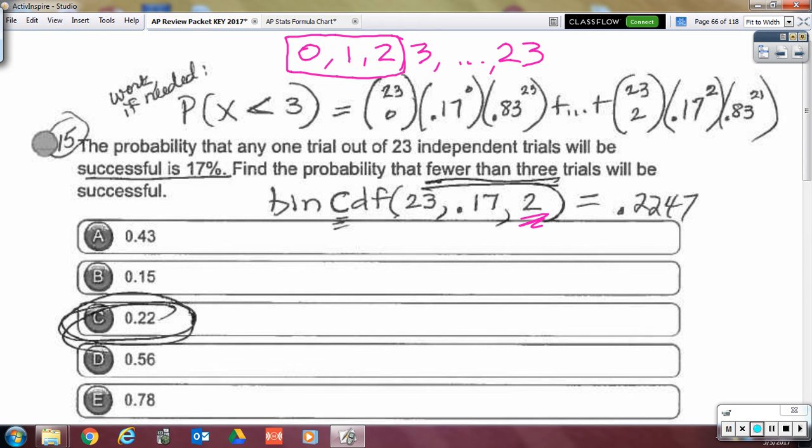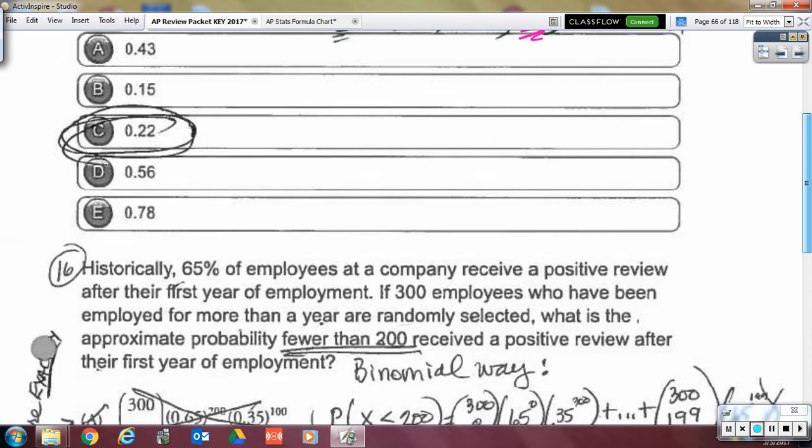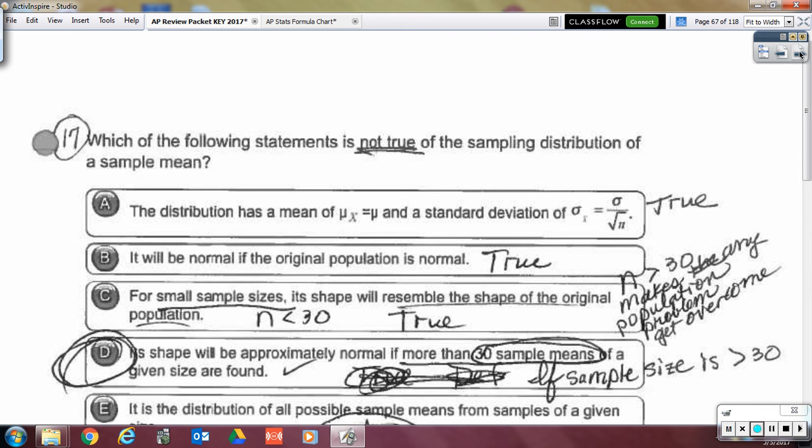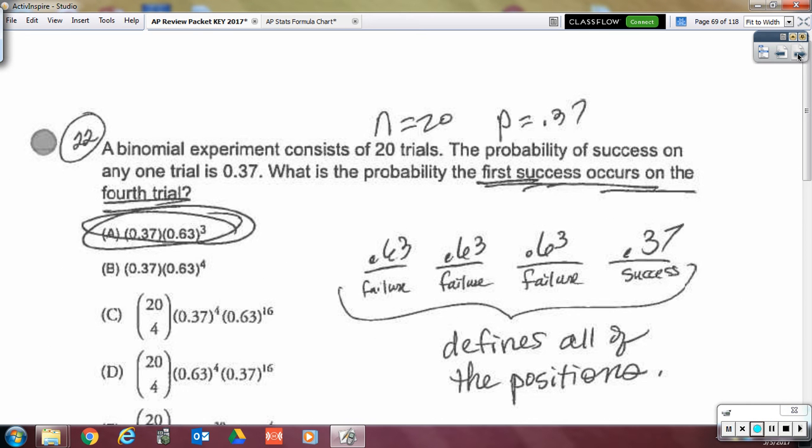All right. Now let me find a geometric. There will be a geometric problem on there, such as this. The geometric ones are when you say the first success occurs on the fourth trial. That's a geometric. Now, yesterday in the video, I did talk about two things. I'll say it one more time, just in case you didn't catch it or you have a question.